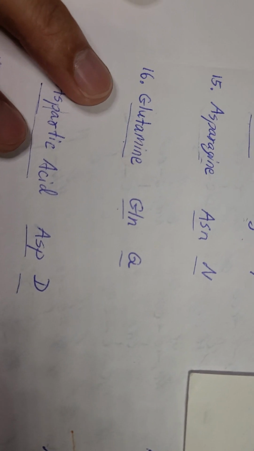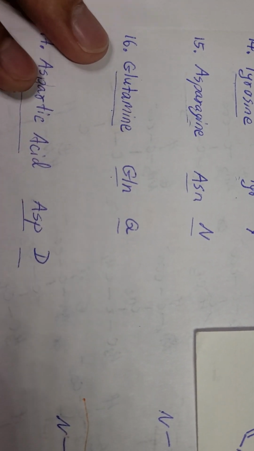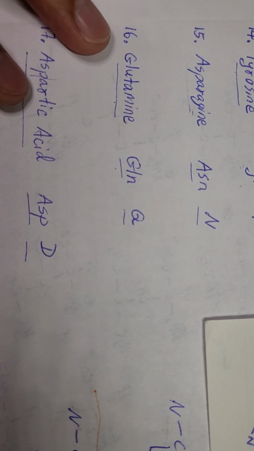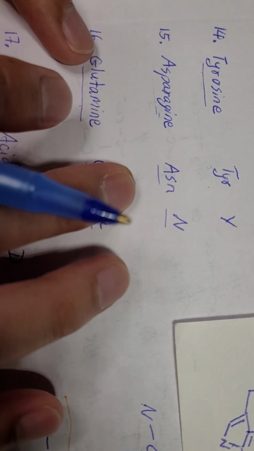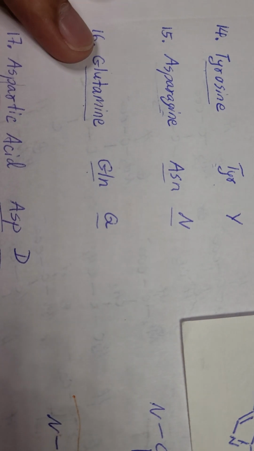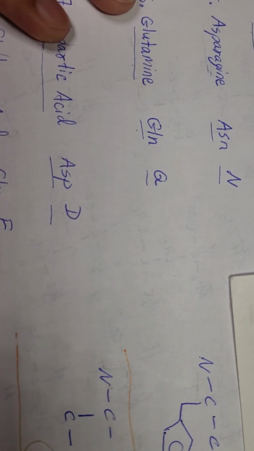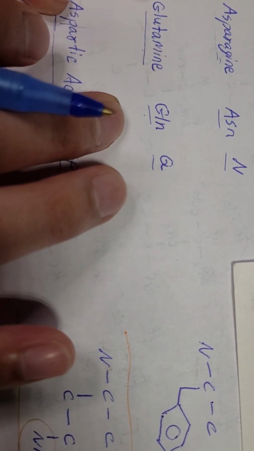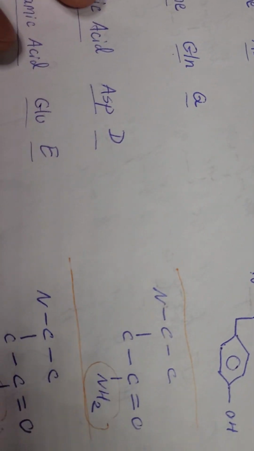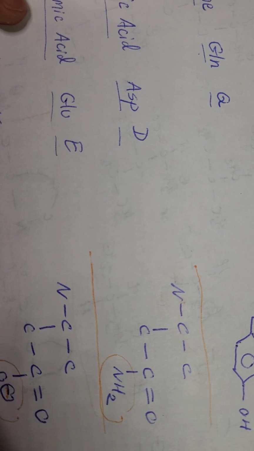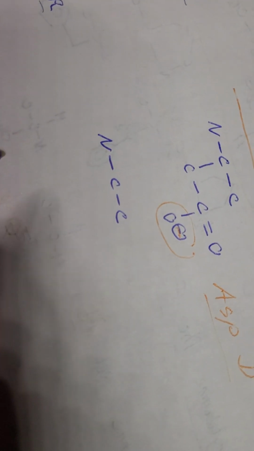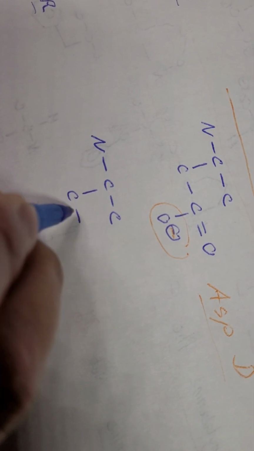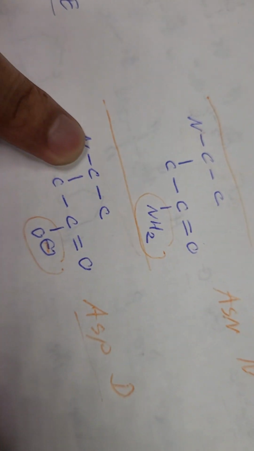Okay, the next one, glutamine. The group will be a little bit different from asparagine. Glutamine is longer than asparagine. NCC, sorry, I need to draw. Asparagine, ASN, has 2 carbon, right?